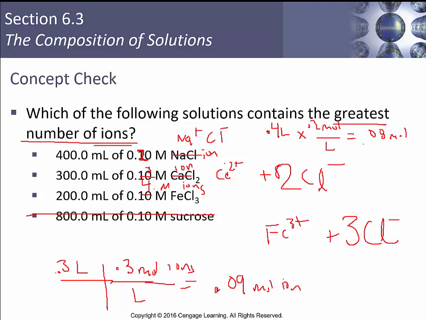And for our iron trichloride, our iron 3 chloride, we would have 0.2 liters times 0.4 moles per liter, and that's going to give us 0.08. So the one with the most is going to be this calcium chloride.